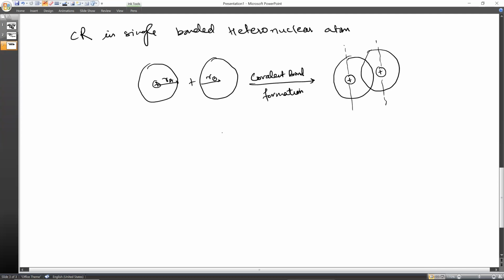So this is simple. Again, if I talk about this one, what is the radius?